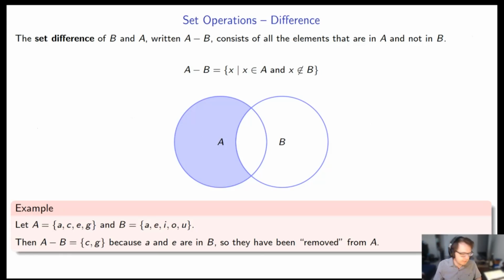The difference operator is basically subtracting one set from the other. So you can call it a difference, or I just call it A minus B, because if you say A minus B, everyone understands what you're talking about, and it's a little bit easier than understanding when you say the difference of B and A or the difference of A and B.